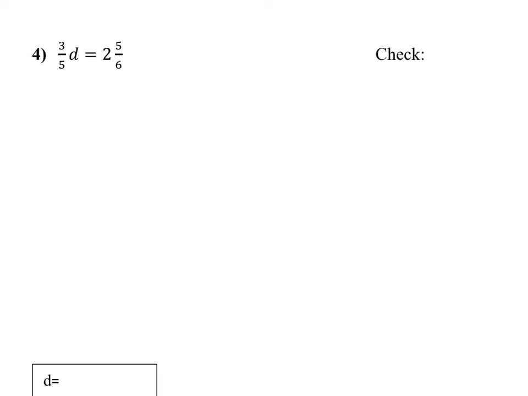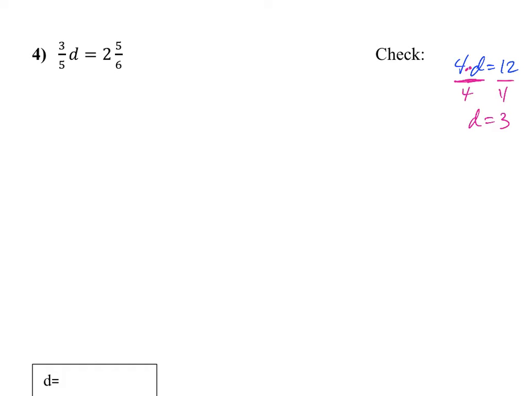Okay, so again, if I had 4 times D equals 12, then what would I do to solve this? I would look at this and say, what's happening to the D? It's being multiplied by 4. How do I undo multiplication? I undo that by dividing by 4. I get D equals 3.